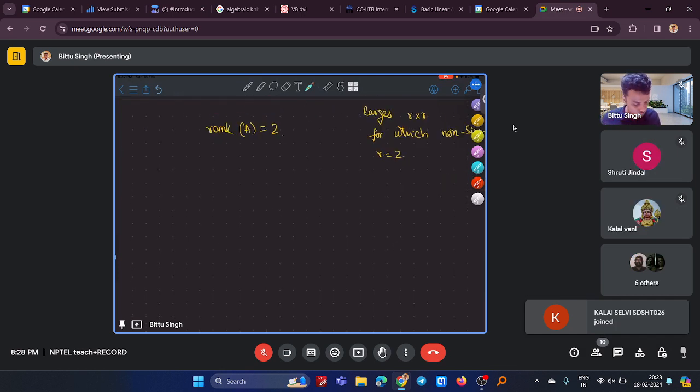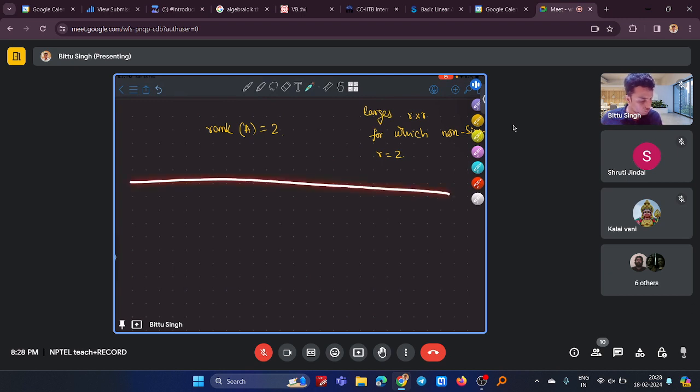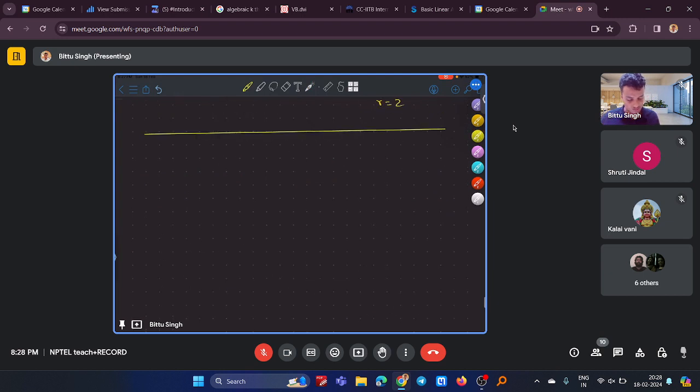Another thing we can do is solving an equation. So suppose A is an n by n matrix and the given equation is Ax equal to B. When does this equation have a solution?